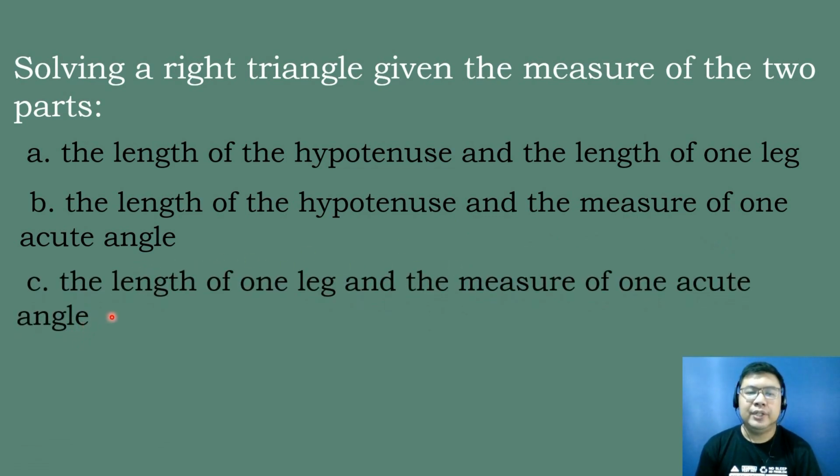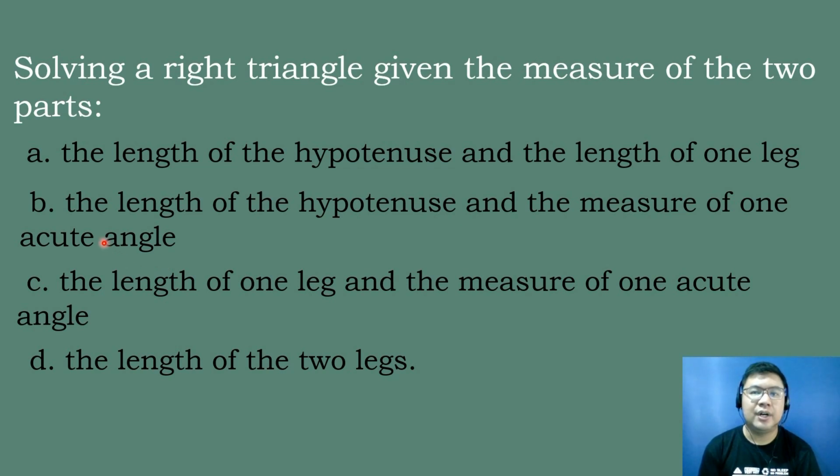And the third one, if the length of one leg and the measure of one acute angle is already given. And for the last one, if the length of the two legs is already given. So these are the four conditions that we need to consider for us to solve for the missing parts of a right triangle using the trigonometric ratios.